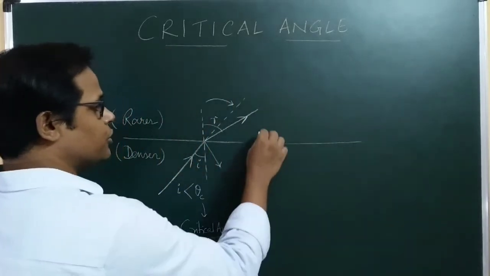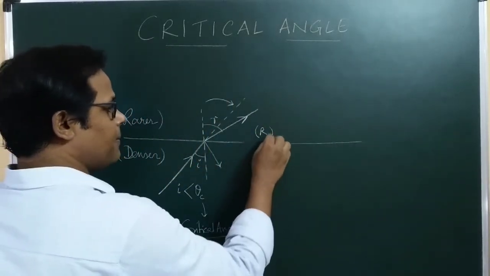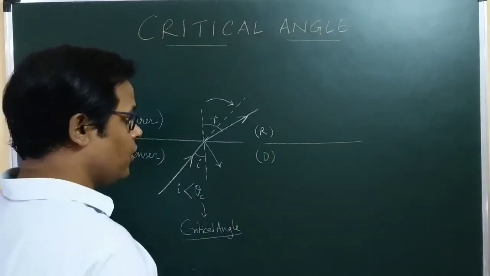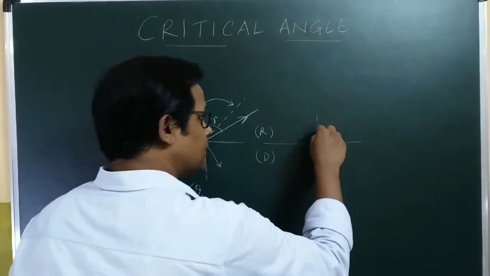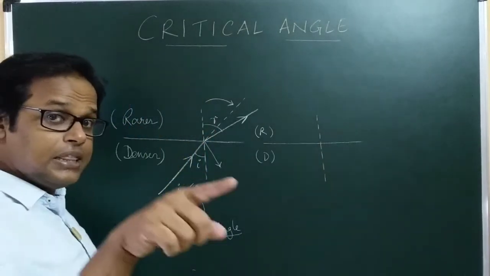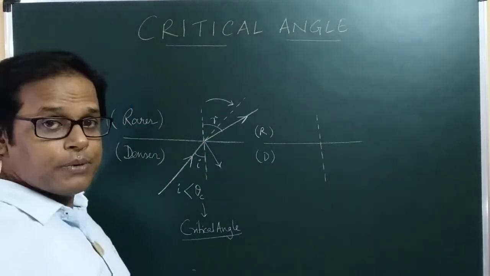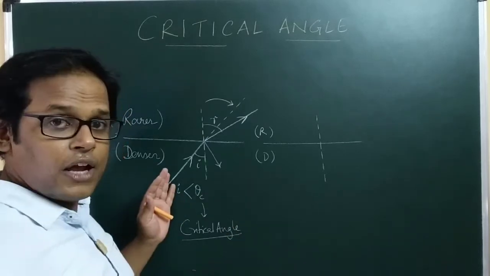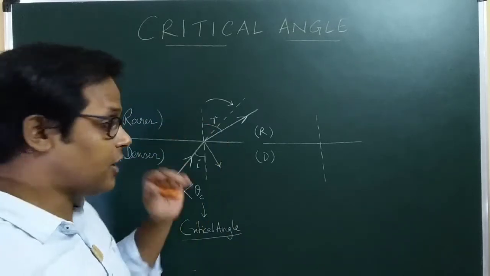Now we'll come to situation number 2. Still I deal with the same pair of medium. Now the curiosity increases. This is my normal, and what will happen if I increase the angle of incidence when the ray of light passes from denser to rarer medium?